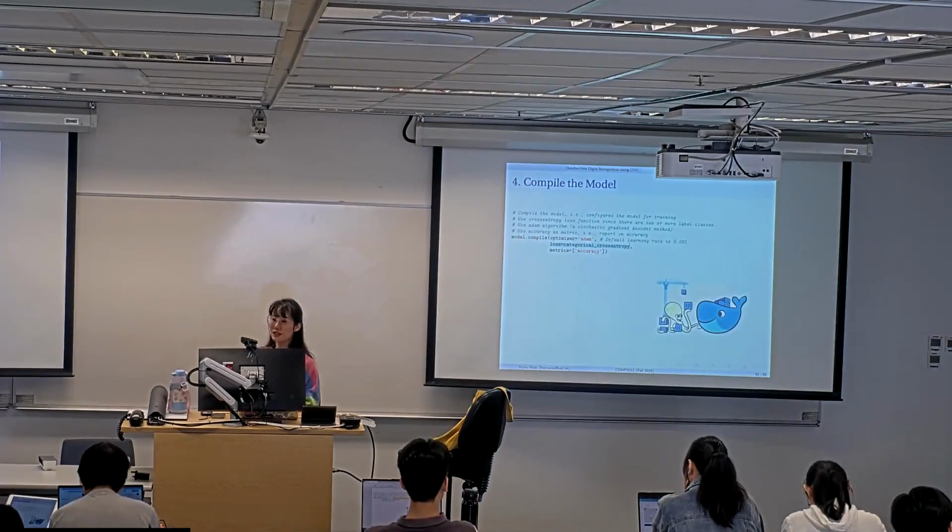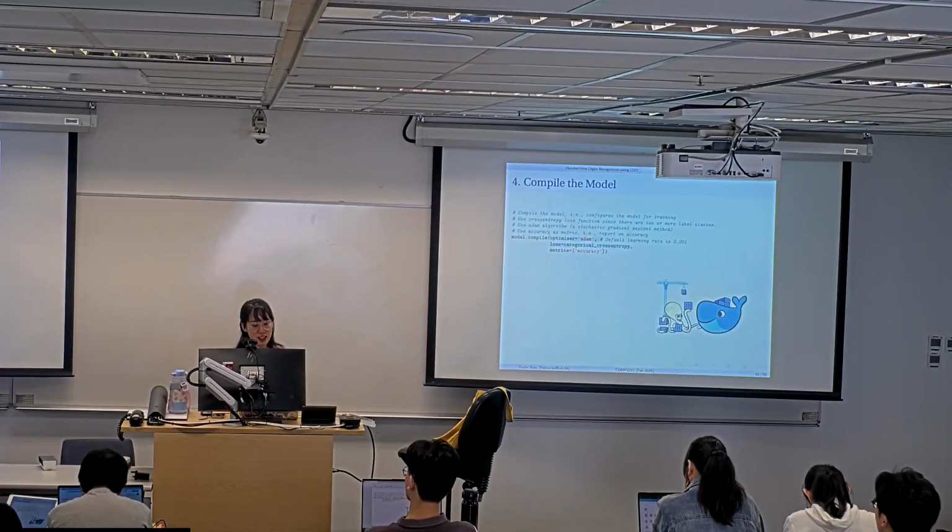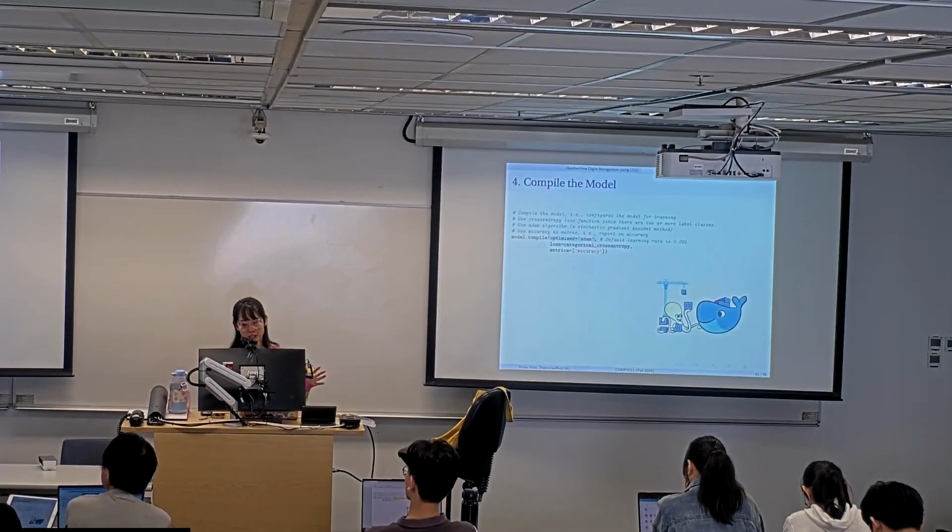That's the probability predicted by the model. That's the cross entropy loss. So that means now our neural network will only have one goal. The goal is to minimize the categorical cross entropy loss. And how to minimize it is using the Adam algorithm. And we can also specify the metrics.